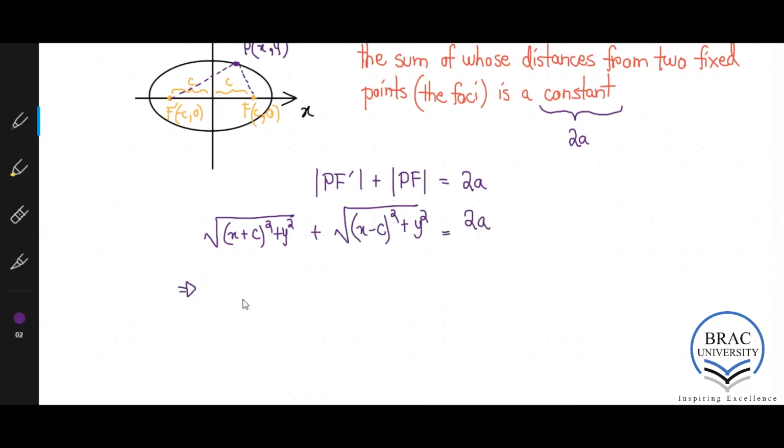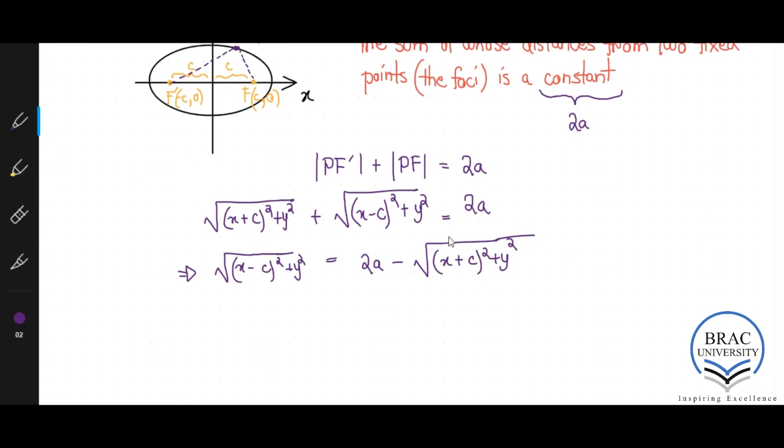If we go ahead and rearrange this equation to this form, we have square root of x minus c squared plus y squared is equal to twice of a minus square root of x plus c squared plus y squared, and then we square both sides.